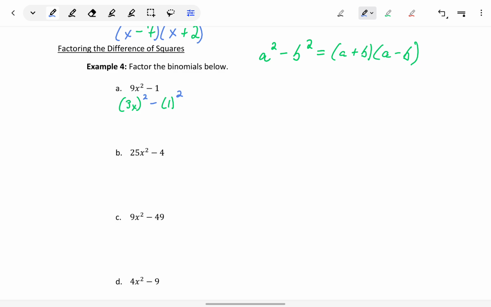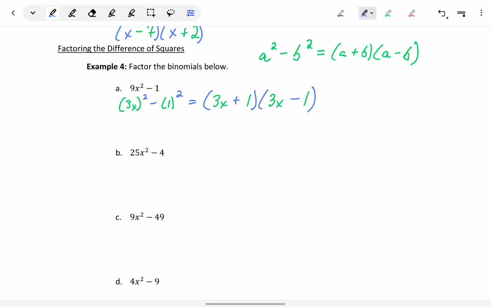That means we have this pattern where a is equal to 3x, b is equal to 1, meaning our factored expression in this case would be 3x plus 1 times 3x, and it's always going to be minus in that second factor, minus 1.